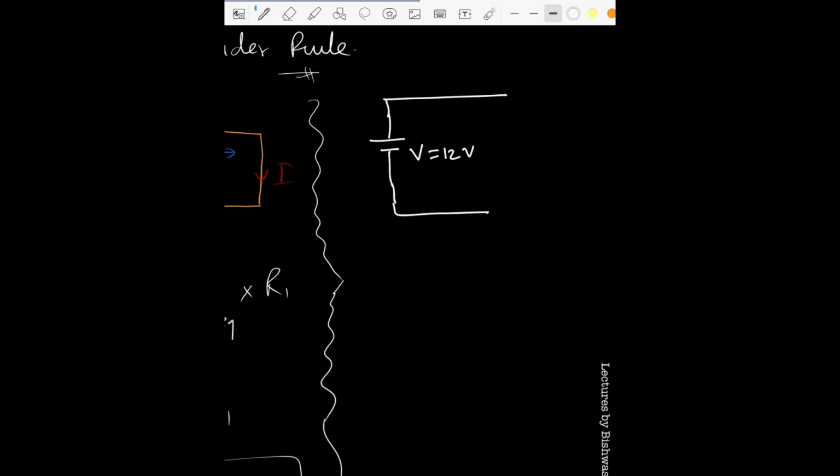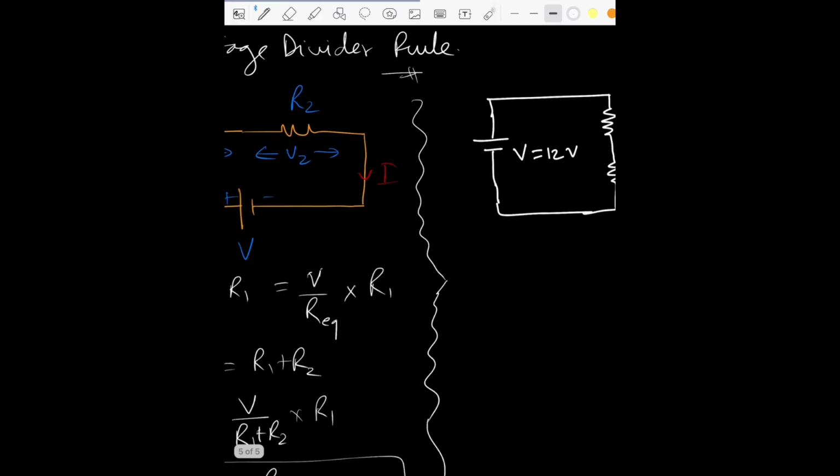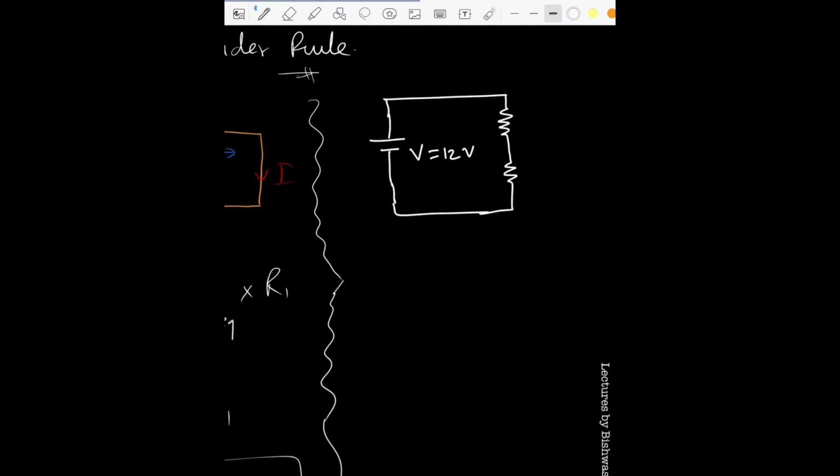Now, you might have the two-resistor system similar to what is here, right? This is your R1, this is your R2. But the thing is, you need a certain voltage level right over here.